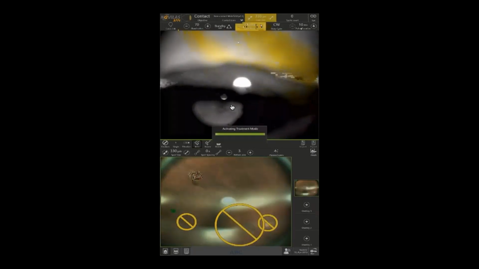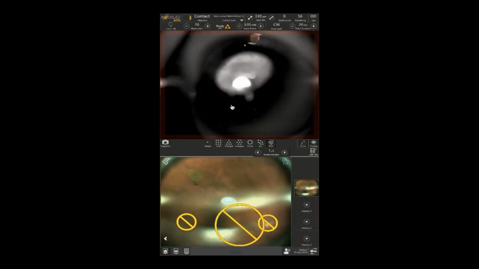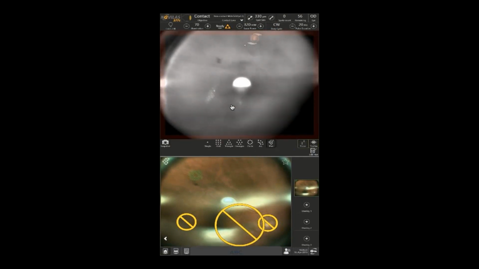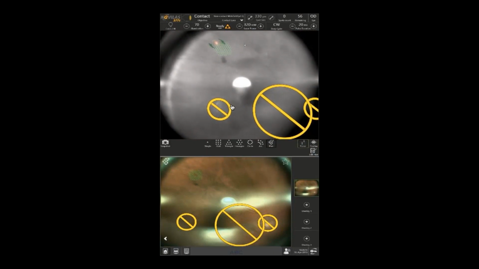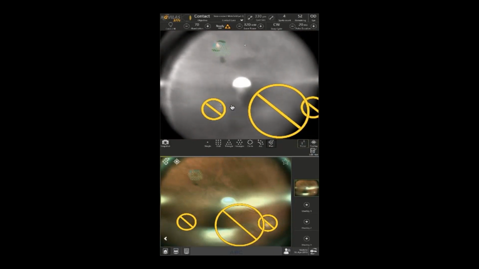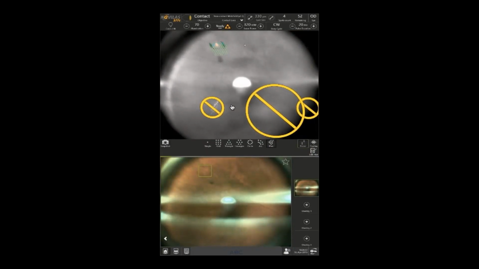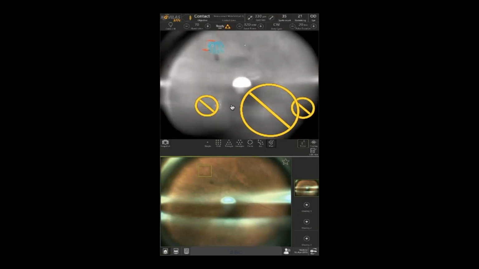The software recognizes the location as soon as the live image comes into focus. As shown before, the laser reaction is assessed after a few initial spots, and then treatment is completed once one is satisfied that the laser reaction is adequate.